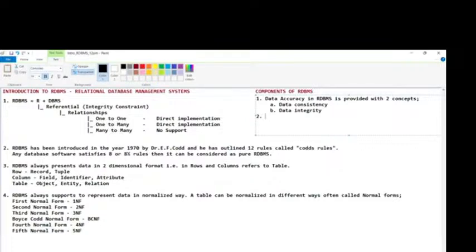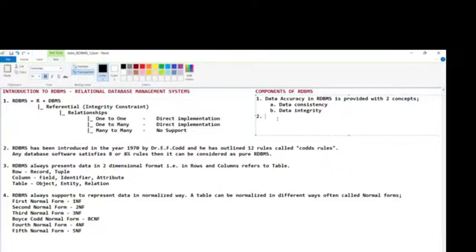How do you provide it? Two concepts we have: data consistency and data integrity. Data consistency, I'll be explaining with two topics.